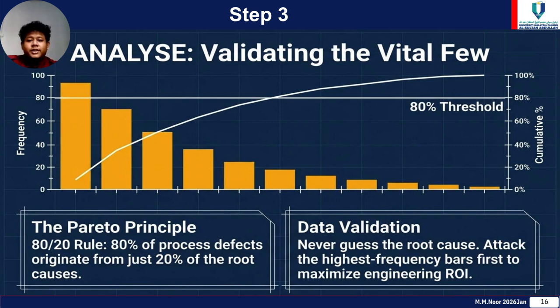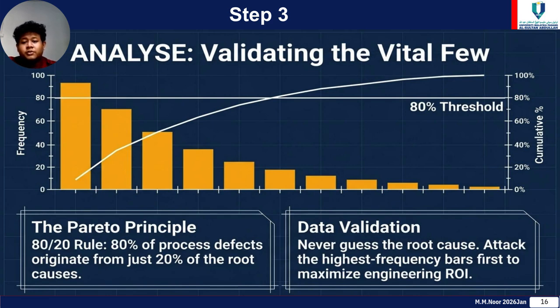Step 3 is validating what we call the vital few. To do this, we visualize our data using the Pareto principle, commonly known as the 80/20 rule. This mathematical principle states that roughly 80% of the process defects originate from just 20% of the underlying root causes.